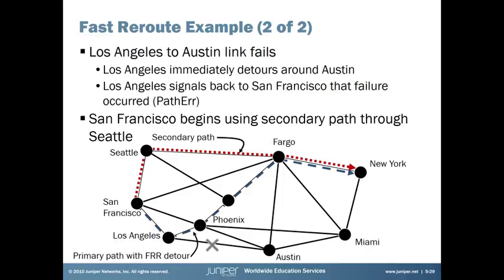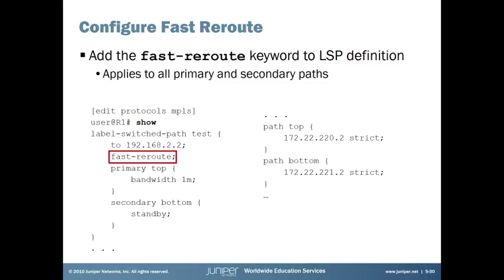So initially, the primary path stays up with the fast reroute in place. The secondary path is signalled up, traffic is then failed over to the secondary path, and eventually the primary path is taken down and ultimately resignalled.